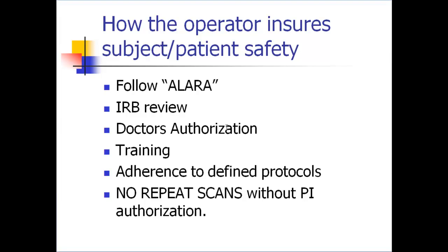Doctor's authorization orders are needed in situations where there has been no IRB review, where scanning a subject perhaps for the cardiovascular risk reduction program in FIT, or perhaps just an individual or an athlete who's come in to be assessed for body composition, and we're doing DXA on that individual.